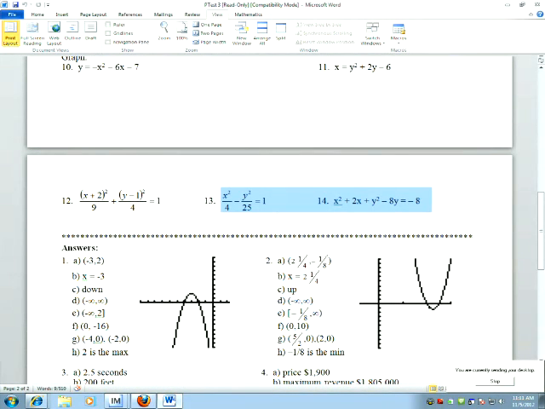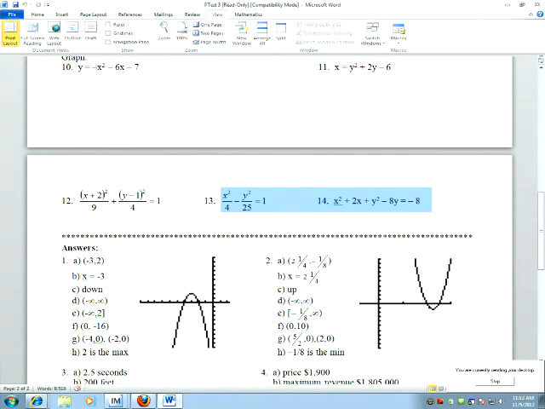If it looks like a circle, then you better check the radius, because if the radius is 0, it's actually just a point. And if that constant on the right-hand side turns out to be negative, then the radius is an imaginary number and it's no graph.